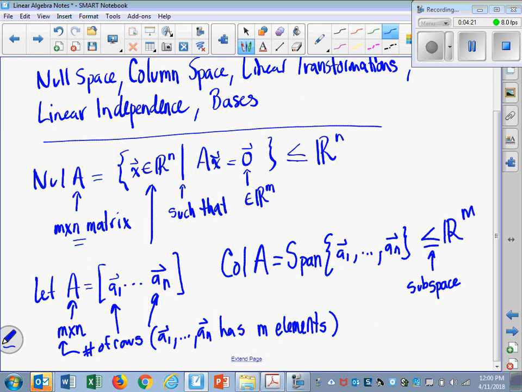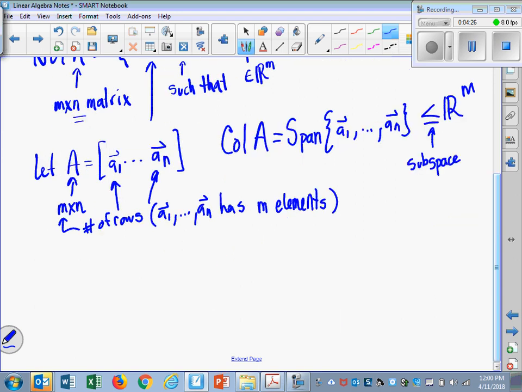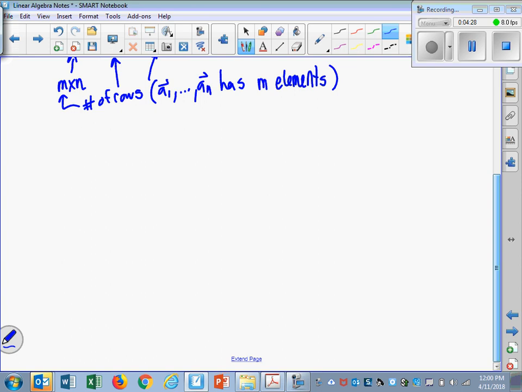Well, what about linear transformations between vector spaces? So that was column space, but now what about linear transformations? So let's see here.